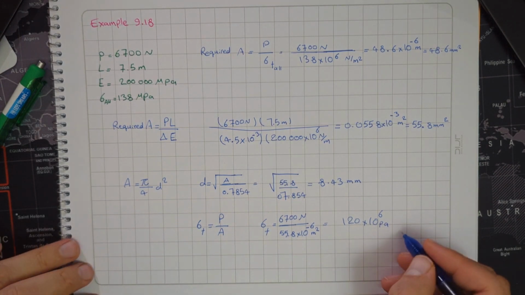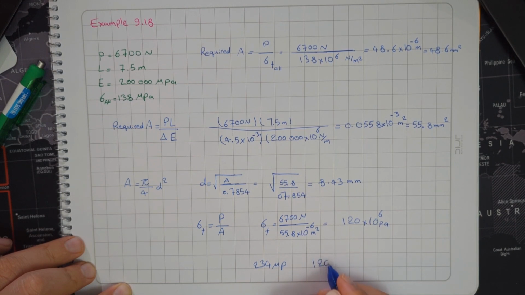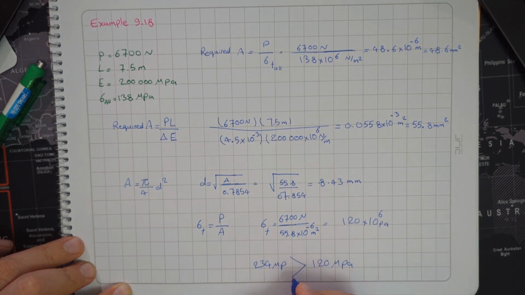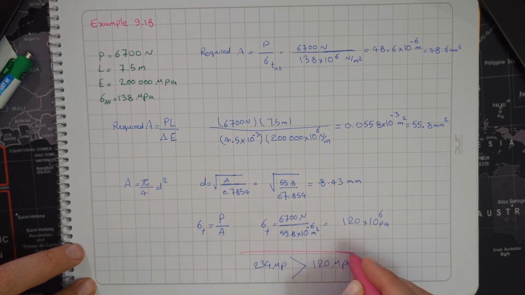It is 234 megapascal. This is 120 megapascal, pascal to megapascal. All right. So this is bigger, so our answer is correct.